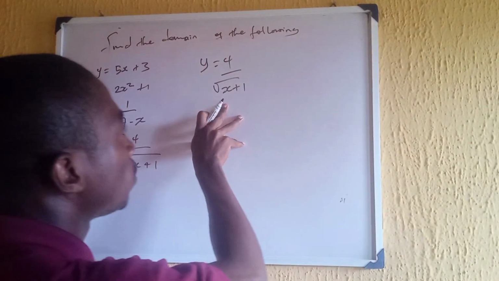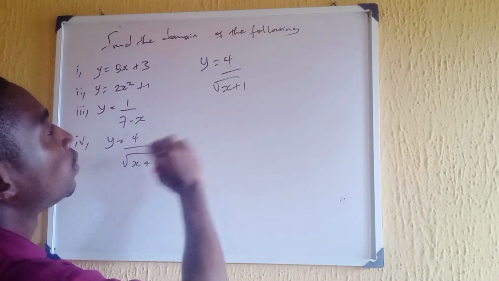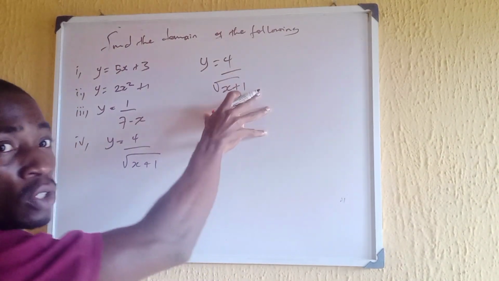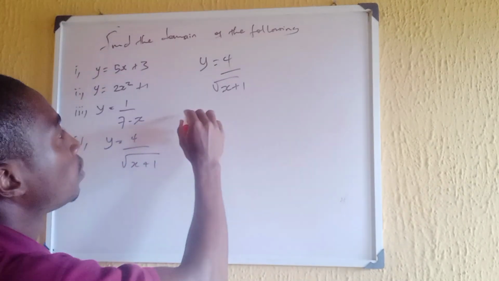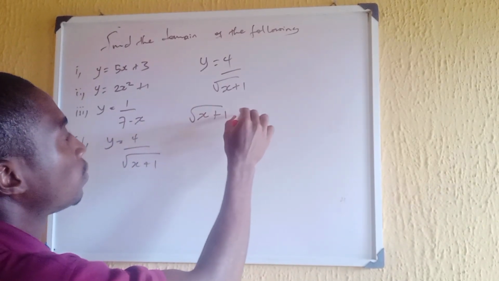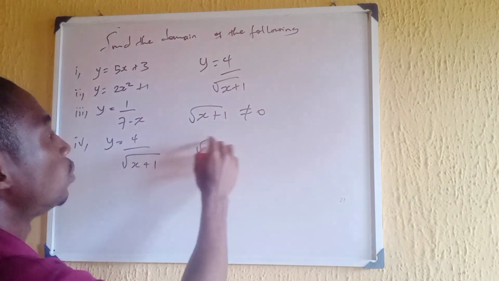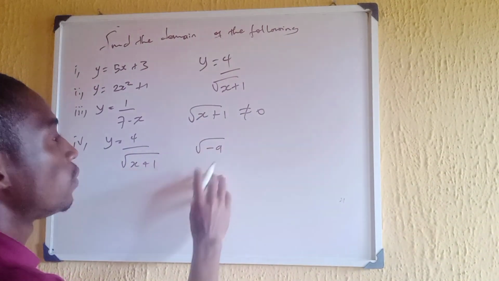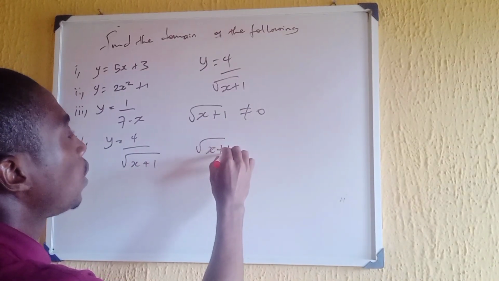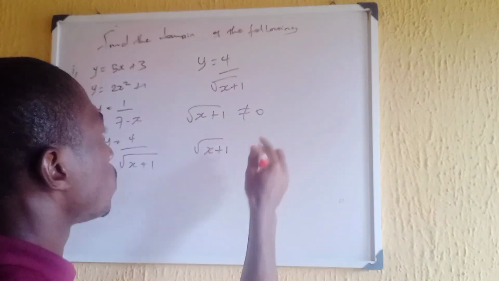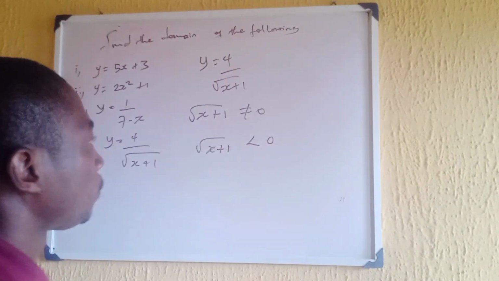Now there are two conditions that will make this function undefined. The first one is that the denominator must not be 0, and the second one is that the root of x plus 1 should not be the root of a negative number. So root x plus 1 must not be less than 0.